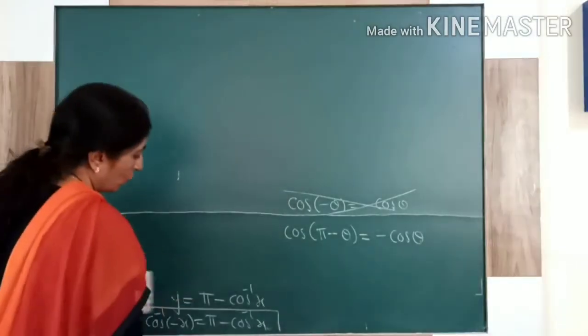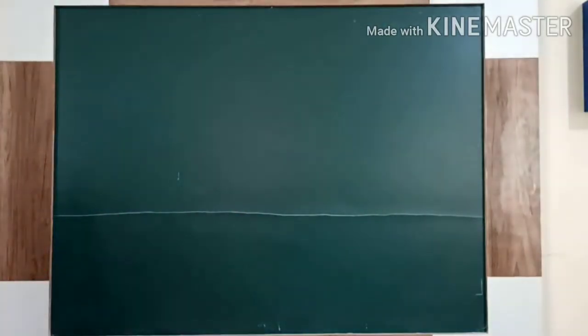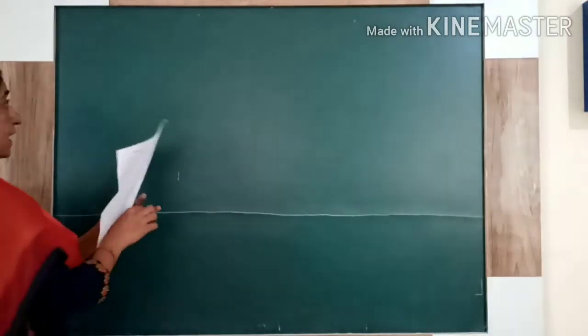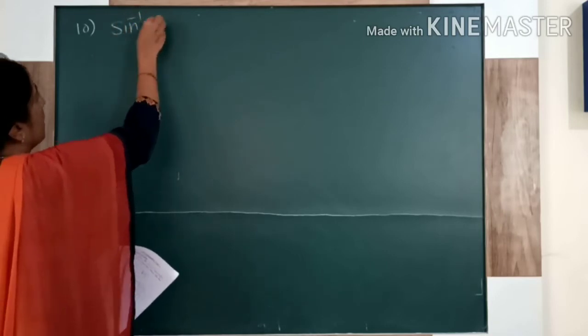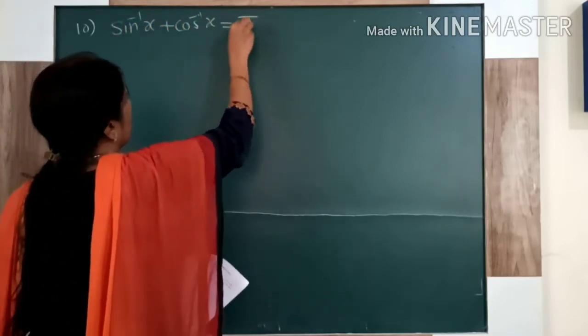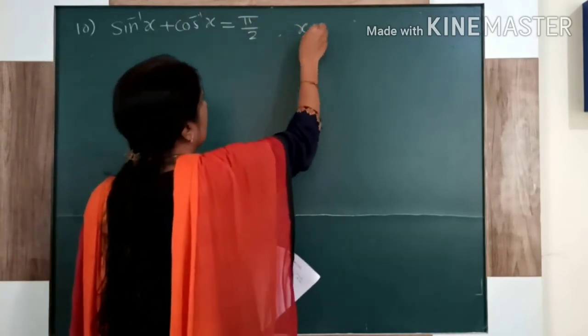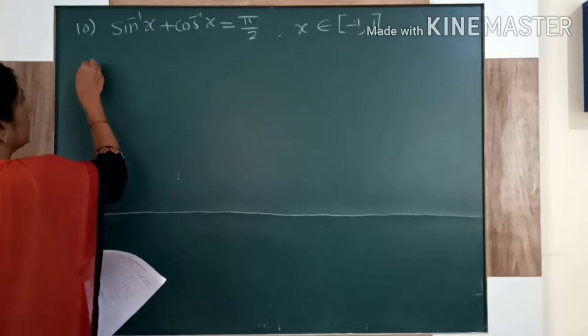Now I am giving you the next 3 formulas. See the 10th one: sin inverse x plus cos inverse x is equal to pi by 2, where x is between minus 1 and plus 1.